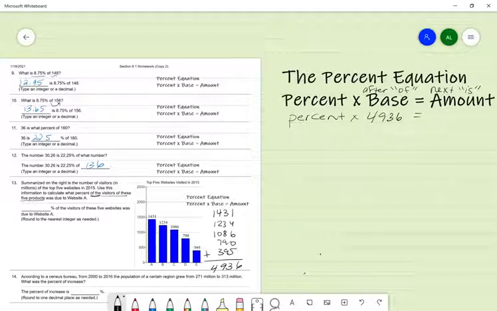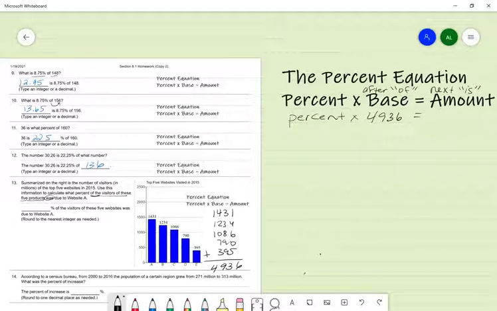Now, how do we identify what the amount is? Where are we finding the amount? Well, it says what percent of the visitors of these 5 products was due to website A. Now, we talked about the amount being after the word is, right? Well, it's still technically next to the word is, because we have the word was, which is past tense.